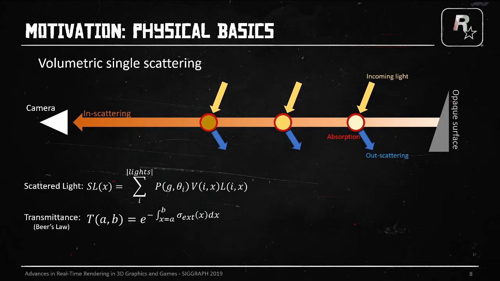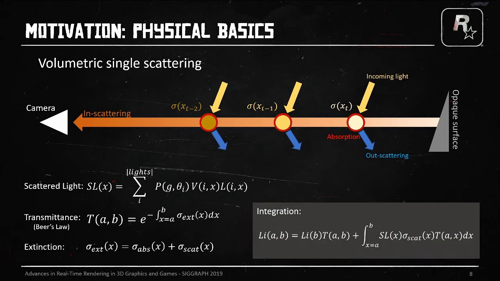The transmittance over the light path is essentially an exponential decay function, here modeled as Beer's law, where the extinction parameter of the material is taken into account. And the extinction itself is the sum of both absorption and scattering parameters. So at the end of the day, we want to integrate over this light ray, and this is how that function looks. I won't go into too much detail on that, since we have seen so much of this already today.